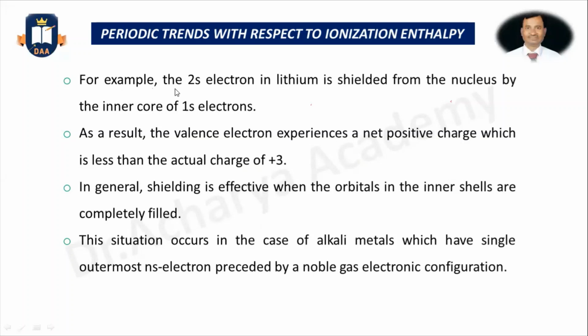For example, the 2s electron in lithium is shielded from the nucleus by the inner core of 1s electrons. And what is the result? The valence electron experiences a net positive charge which is less, because due to the 1s electron shielding effect, the 2s electron will feel less positive charge than the actual charge of +3.